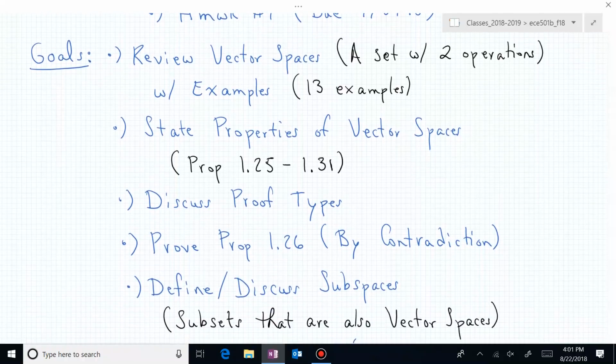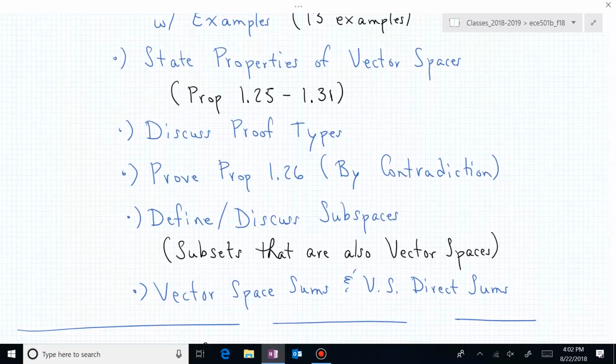Today what I want to do is pick up where we left off, which was talking about vector spaces, and now I want you to think about things that are more than just these tall, thin columns of numbers that we usually think of as vectors. I'll provide you with 13 examples. I'm not superstitious, so I hope 13 doesn't bother anyone else, but it just happened that there are 13 examples that I've selected.